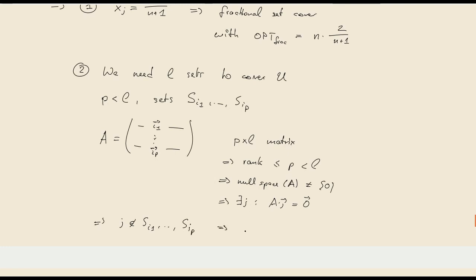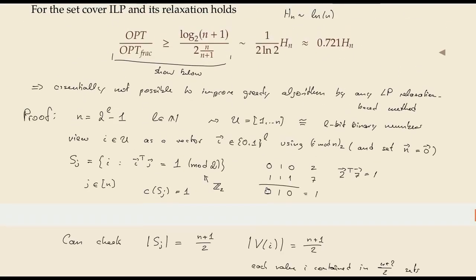So these are not a cover. And that means opt is at least L. Right? We need at least L sets because fewer than L don't suffice.